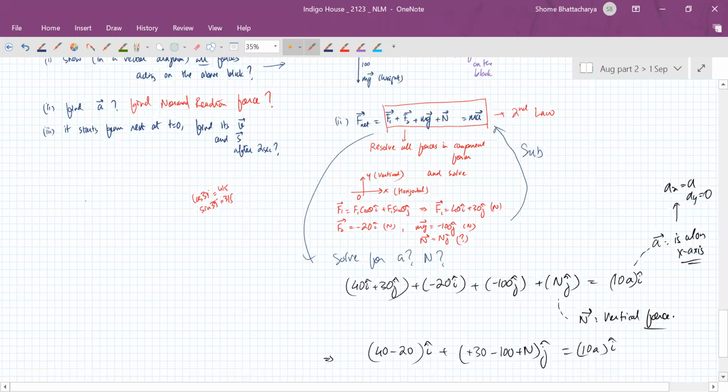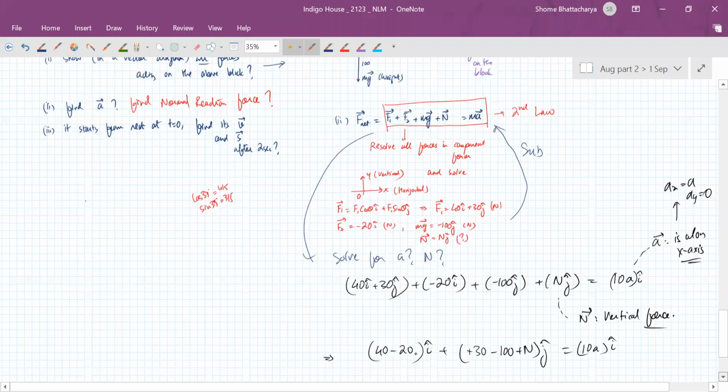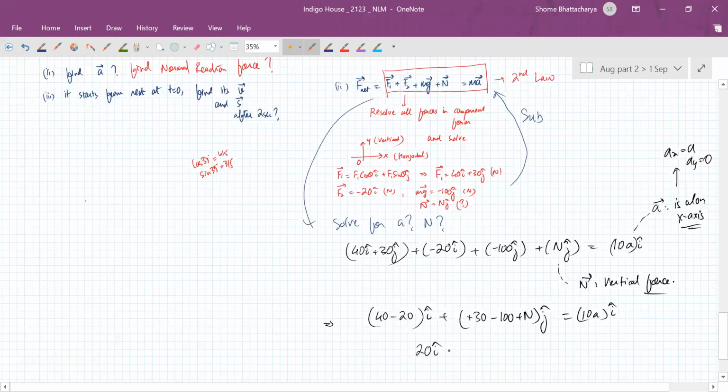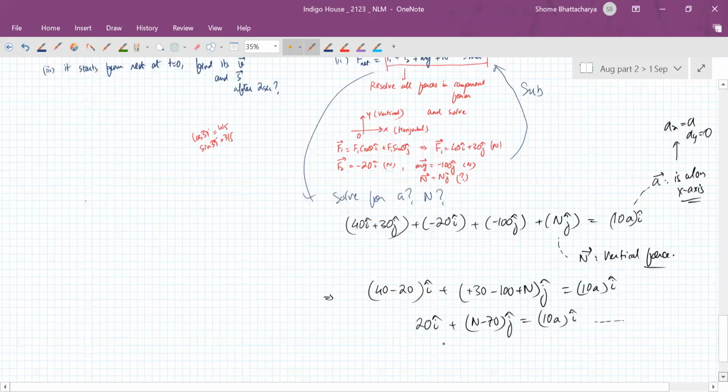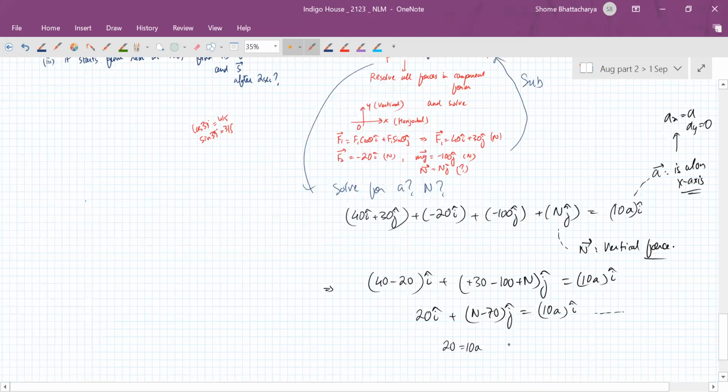So when we equate two vectors, their individual components will be equal. So 20 i cap plus N minus 70 j cap should be equal to 10a i cap. And the fact that j cap term is not there means it's 0 j cap. So the x components are equated, that is the first equation, and the y components are equated. So N minus 70 is 0. That's the second. So this is showing me that the acceleration is 20 newtons divided by 10 kg, or 2 meters per second square.